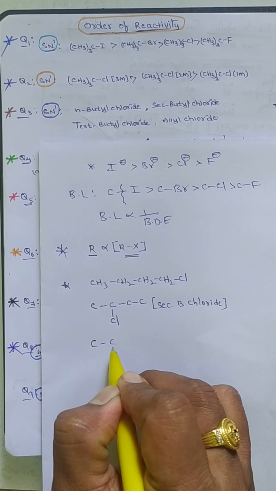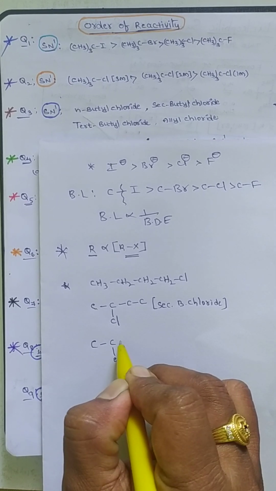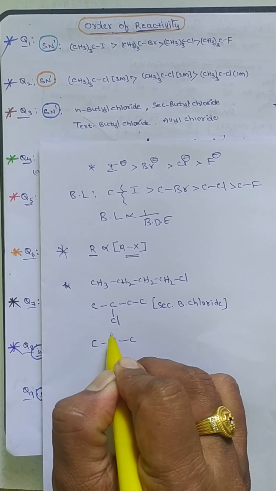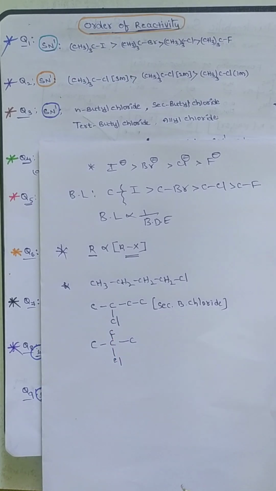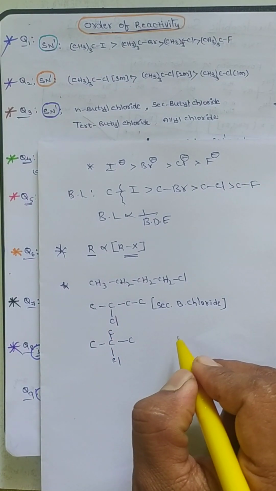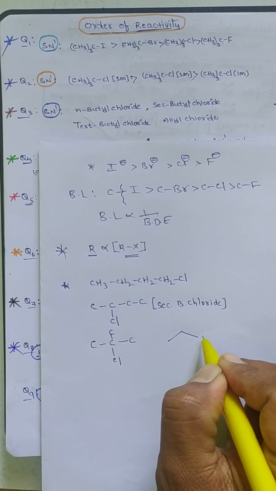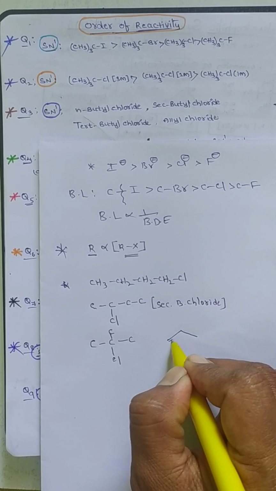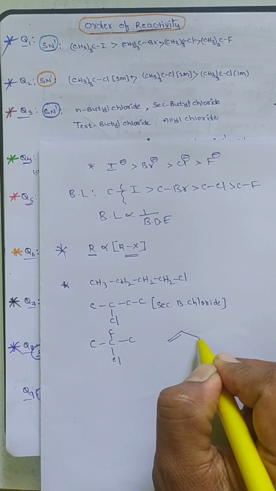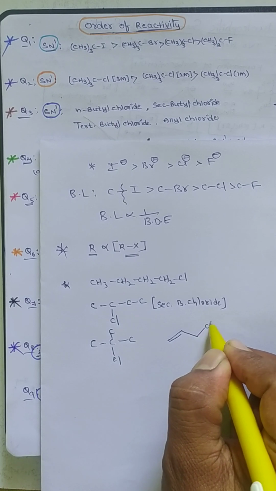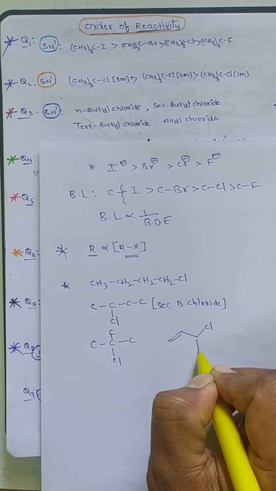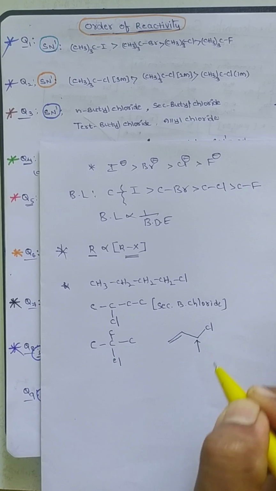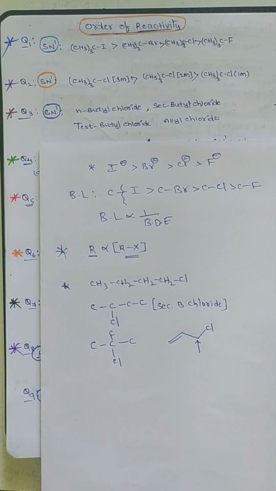Tertiary means 3-degree carbon. This is called tertiary butyl chloride. Next, another one is allyl chloride. Allyl means a carbon connected to a double-bonded carbon. If it is an sp3 carbon, then it is called an allyl carbon. Now this is allyl chloride.